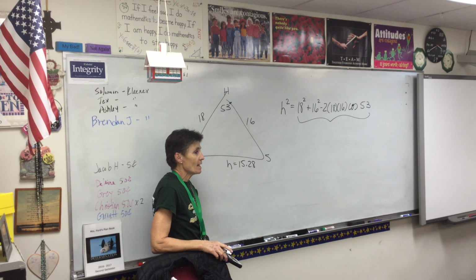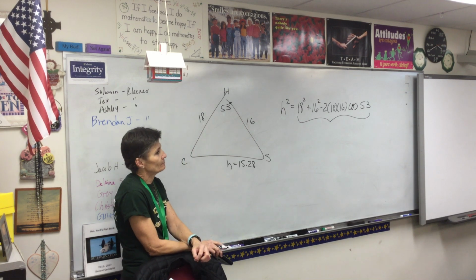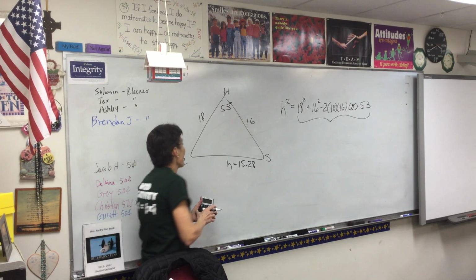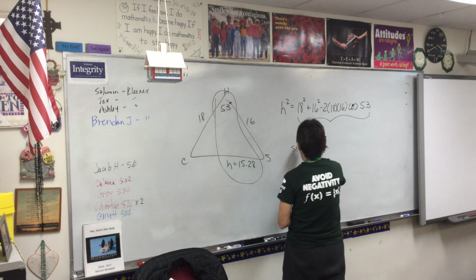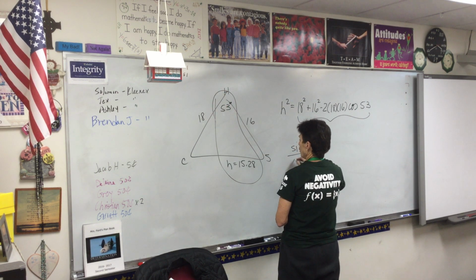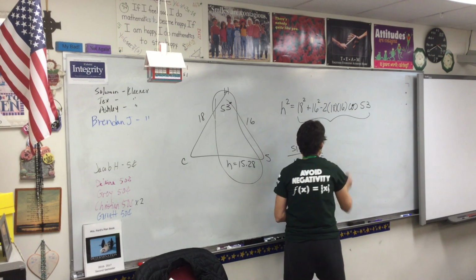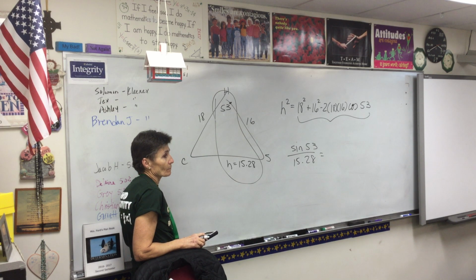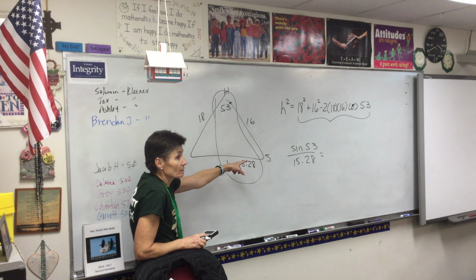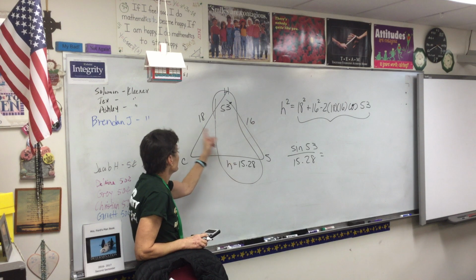All right, now, Jackson, what do you think at this point? Exactly. Jackson says, look here. So sine 53 over 15.28 equals, what do you want to set that equal to, Jackson? Sine S over 18, perfect.